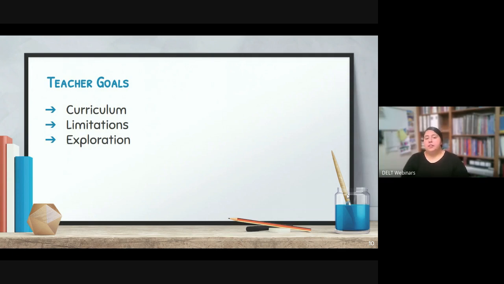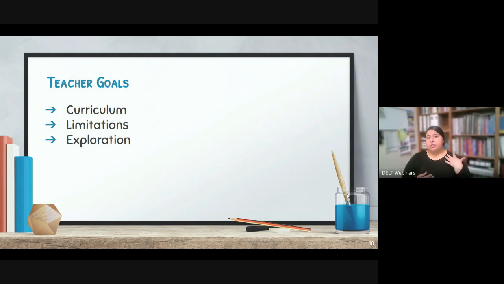We also have to think about the limitations. What we have available might not be available to other programs. Our program does have a lot of technology, and we're always using technology, but we also want to think about, how do we have a healthy balance of both? Or if you are in a program that doesn't have technology, how can you utilize or teach some of the skills that students want with knowing those limitations?